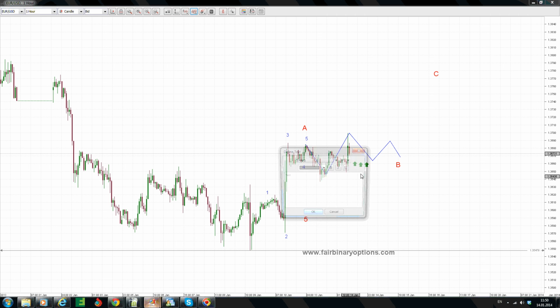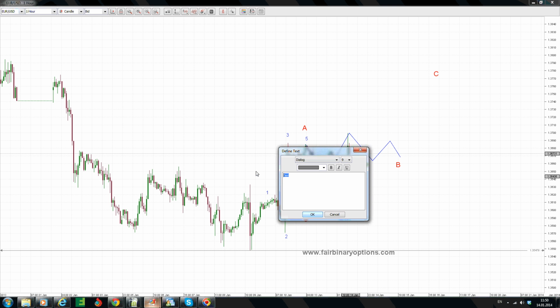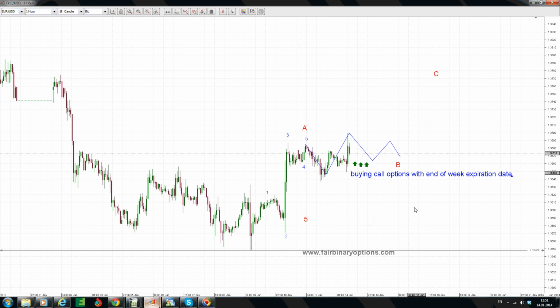Okay, so for Friday 21 GMT, buying call options with end of week expiration date will be the logical thing to do on the Euro US dollar. Again, end of week, meaning next Friday, 21 GMT.